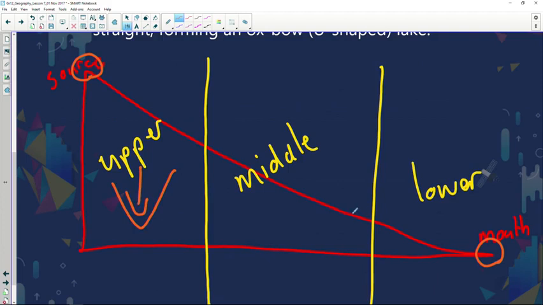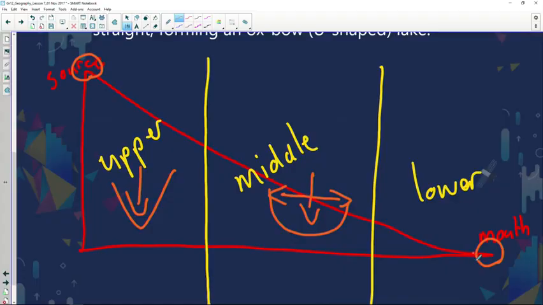In the middle course, the riverbed is a bit wider, because we experience downward erosion and lateral erosion. And in the lower course, no erosion is taking place. Floodplains develop and the river starts to meander because of the volume of water and the gentle gradient, and the riverbed is an open U-shape.